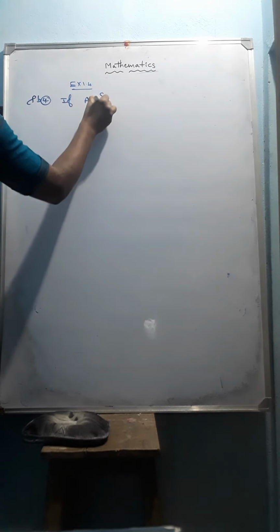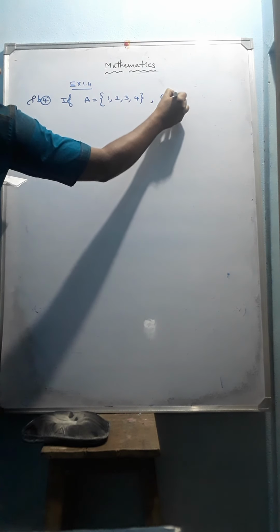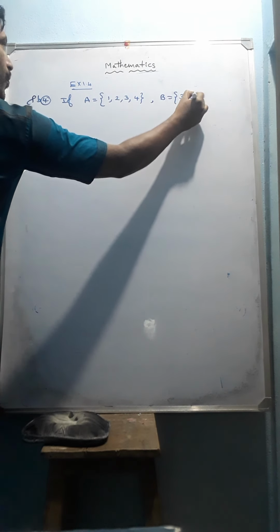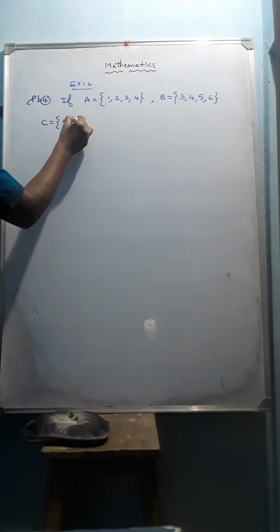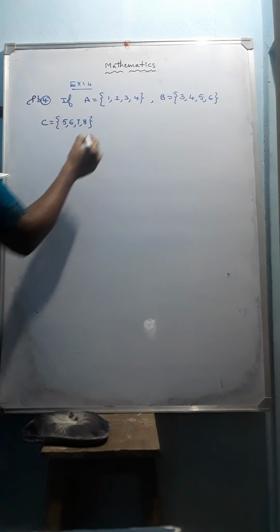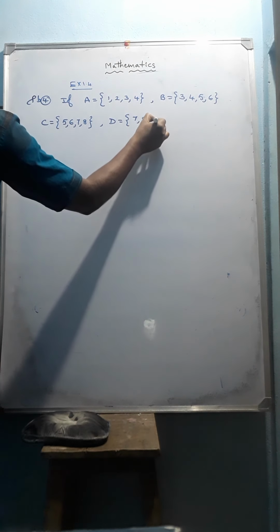Problem number 4 is: if A is equal to the set {1, 2, 3, 4}, B is equal to {3, 4, 5, 6}, C is equal to {5, 6, 7, 8}, D is equal to {7, 8, 9, 10}.